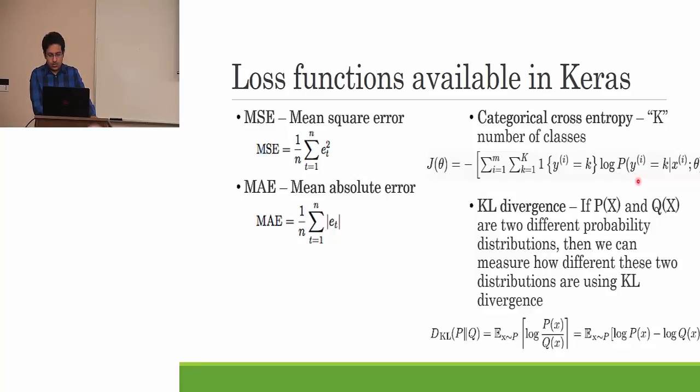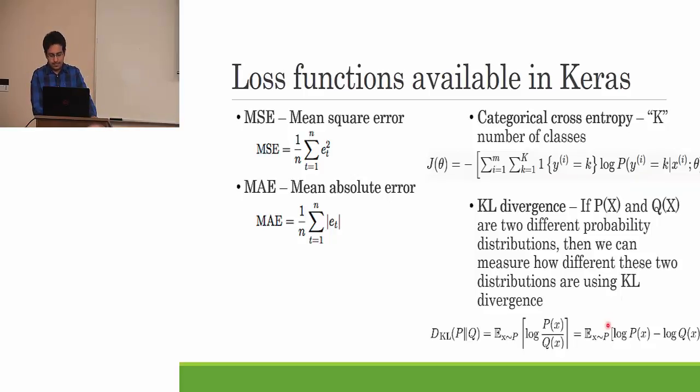So you take p from one and the log of probability of another distribution, and that gives you how similar these two distributions are. It is a very widely used error for classification, and it is derived from the KL divergence.